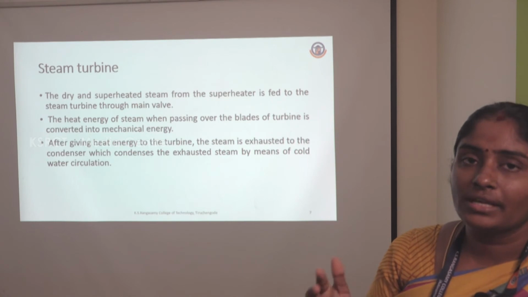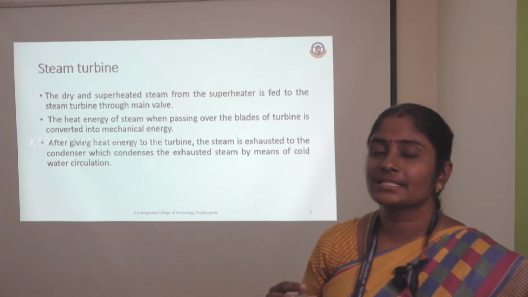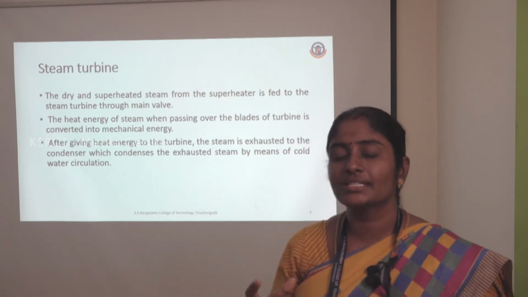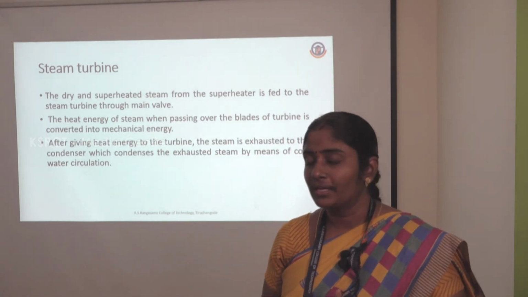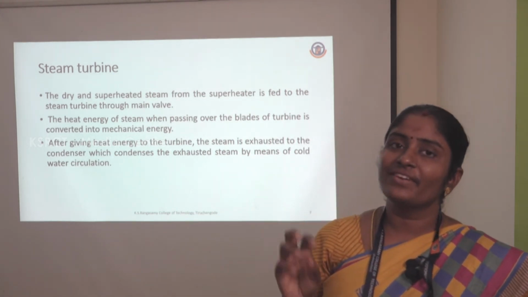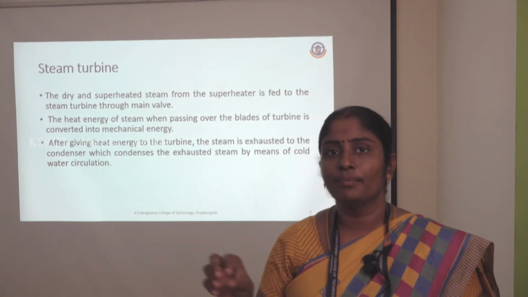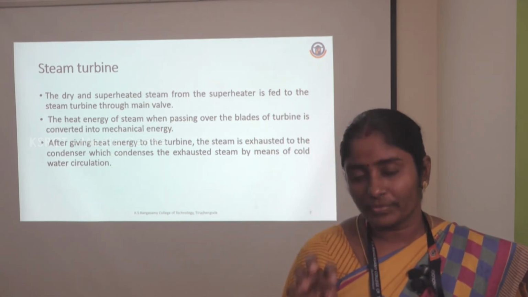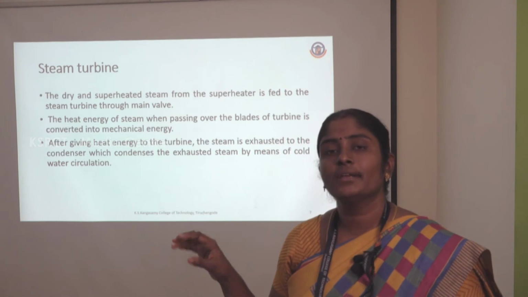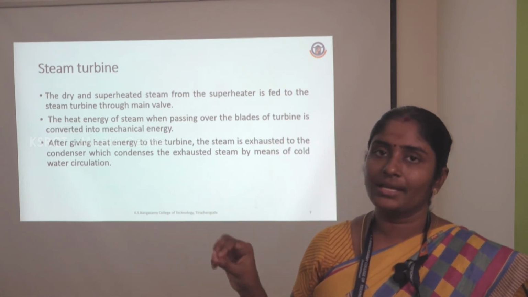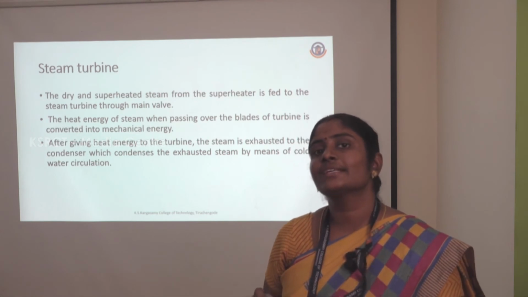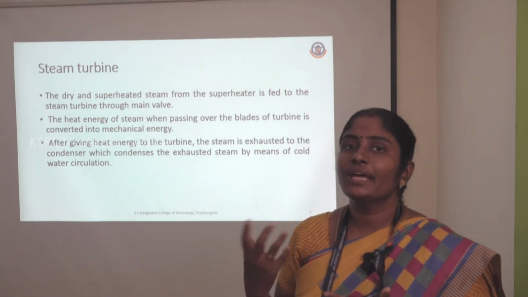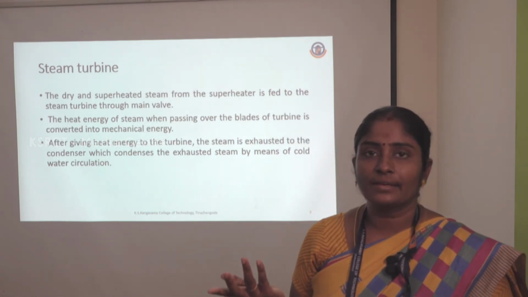The blade gets rotated, and that rotation is the mechanical energy, which is the output of the steam turbine. That mechanical energy is given as input to the alternator with the help of the shaft. The steam turbine and the alternator are mechanically coupled by the shaft. From the alternator we receive the electrical output.